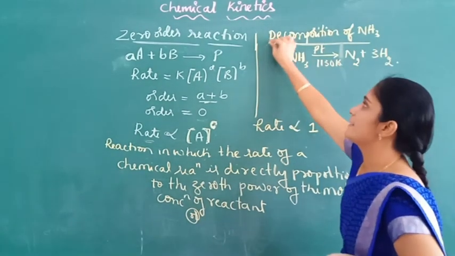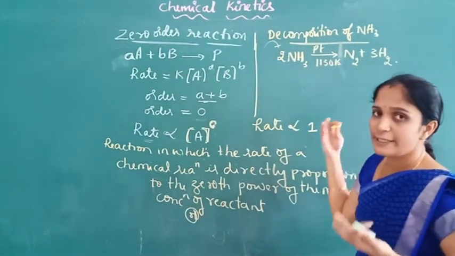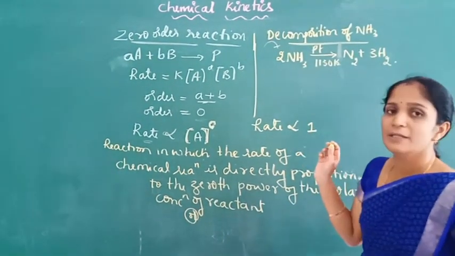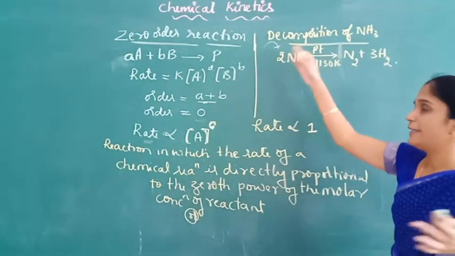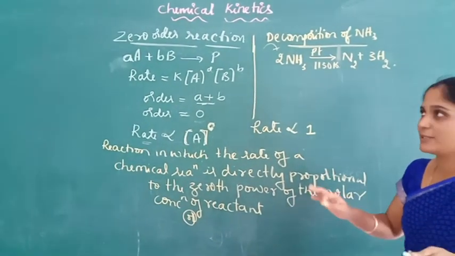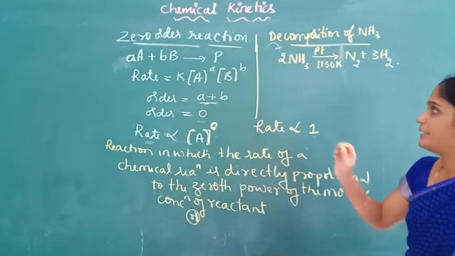If we add excess ammonia but the rate of the reaction does not change, such reactions are called zero order reactions.